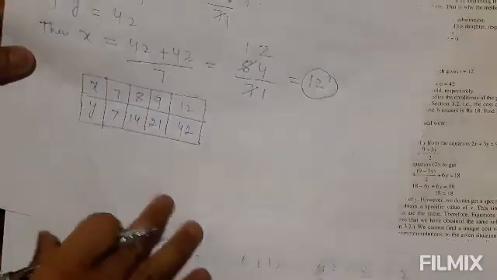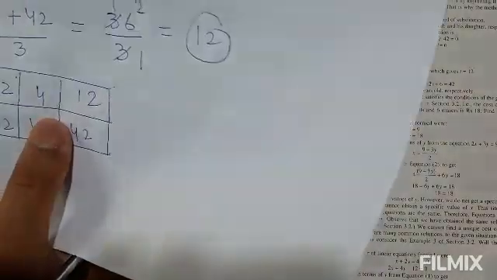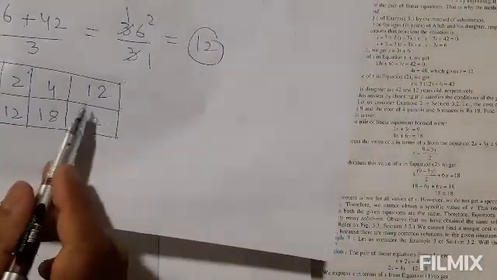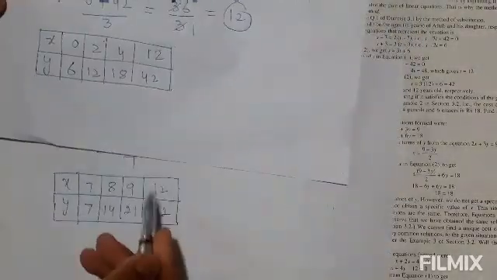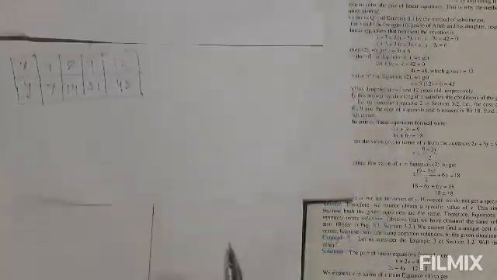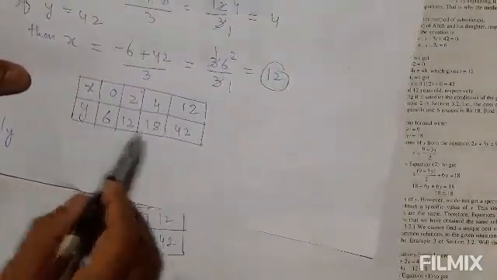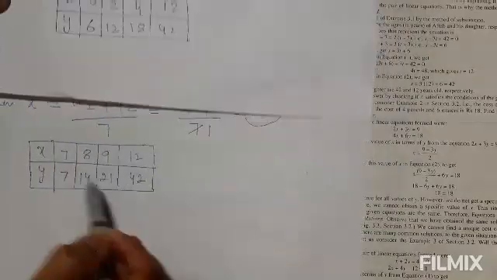We have two tables. One is from equation first. The maximum value of x is 12, and in the second also it's 12. So we can mark up to 12 or more. Later on, the maximum value of y is 42.